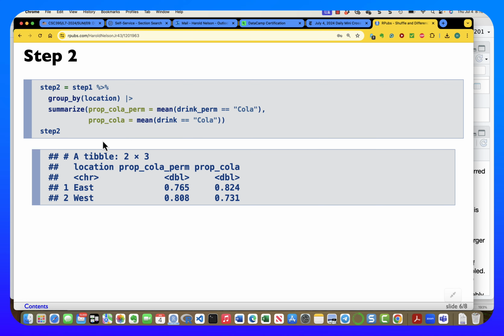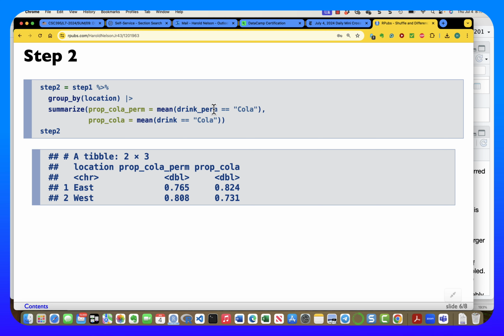Step 2. I take the data frame that you got out of step 1, and instead of piping, I just saved it as step 1, and then I group by location and summarize these two things. Prop underscore cola underscore perm is the mean value of drink underscore perm equal to cola.